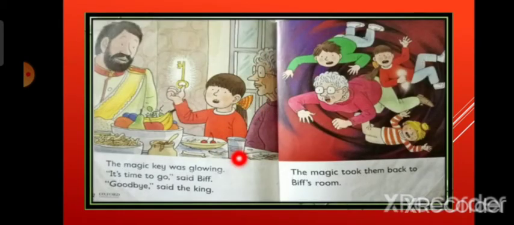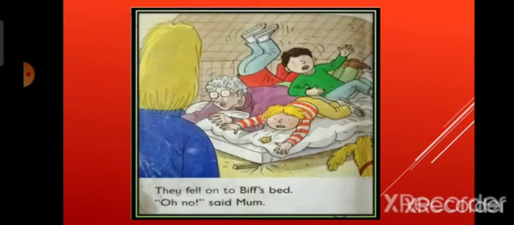The magic key was glowing. "It's time to go," said Biff. "Goodbye," said the king. The magic took them back to Biff's room. They fell on Biff's bed. "Oh no," said Mom.